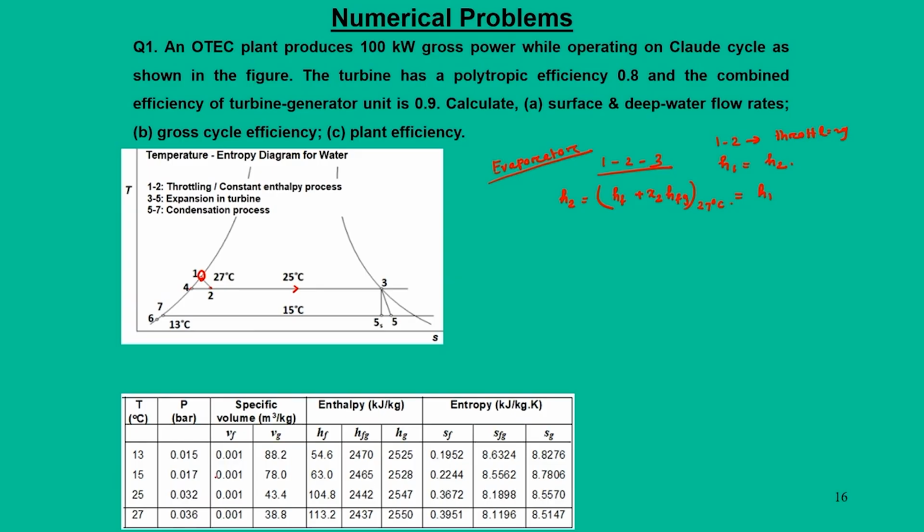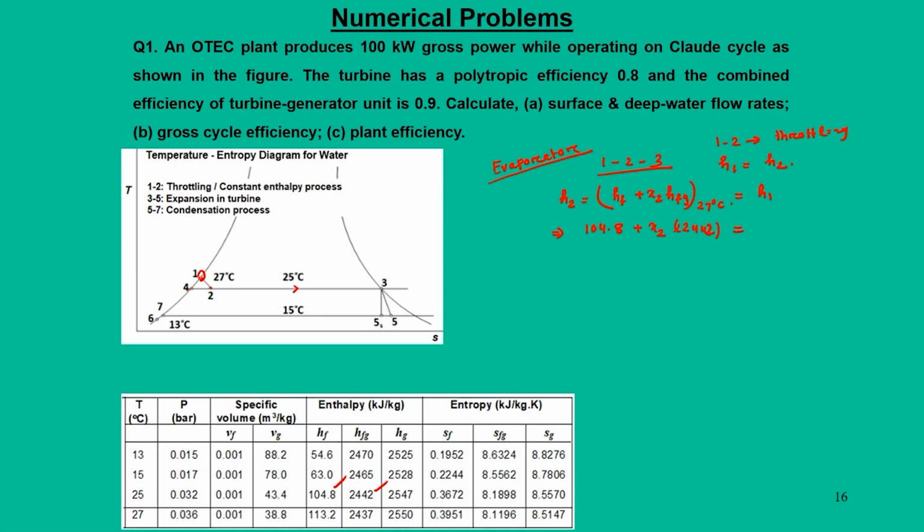So, from this data when you put, we write this as 104.8 which is HF, plus X2, which is unknown, into HFG 2442, is equal to H1.